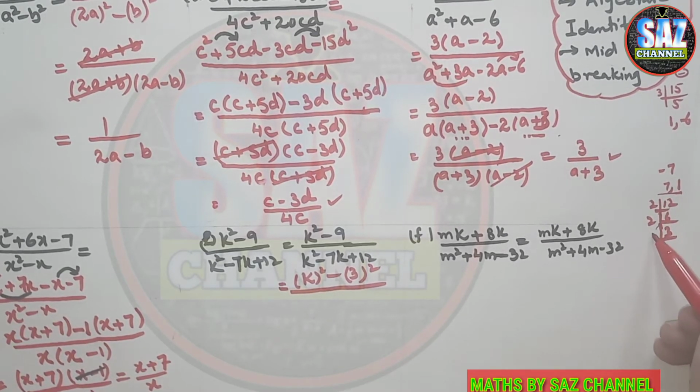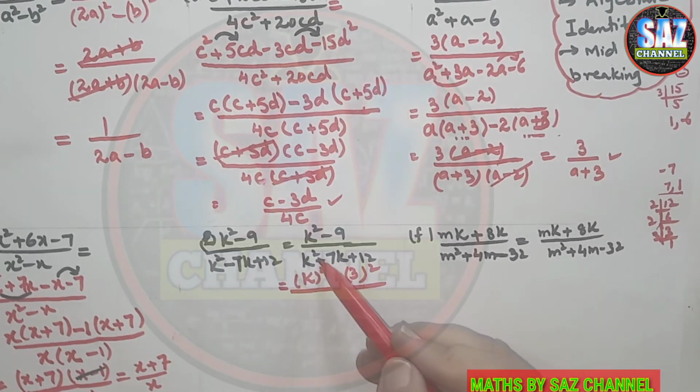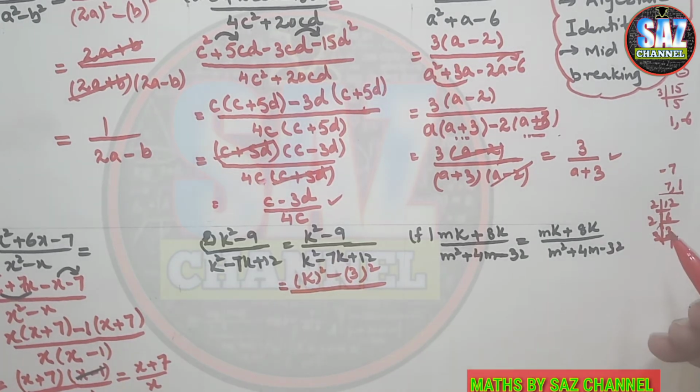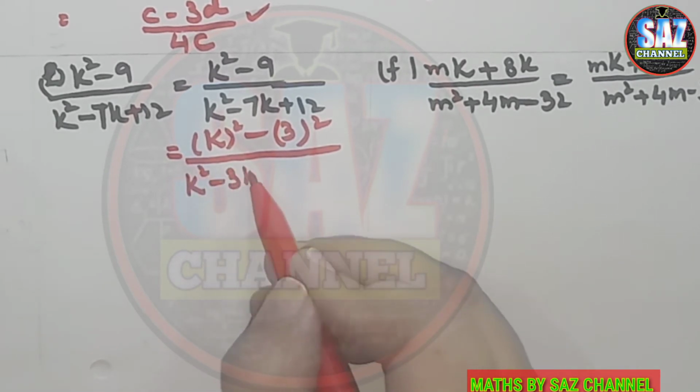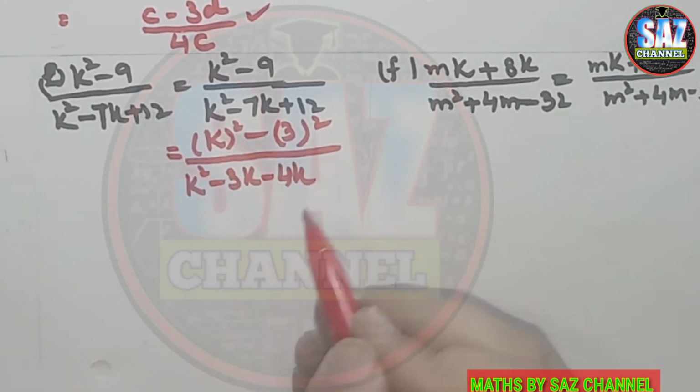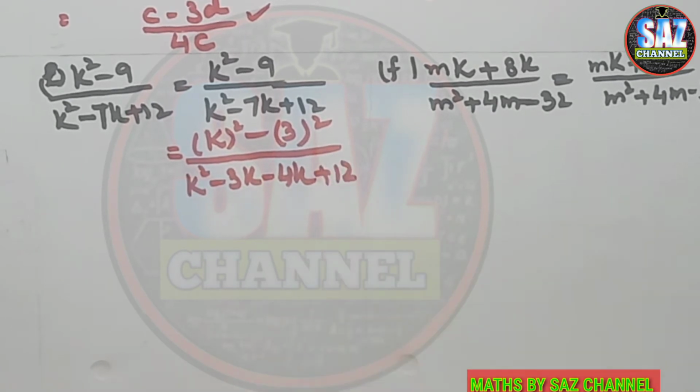Now I have to set these factors in such a way that when I am adding or subtracting, I am getting minus 7, and when I am multiplying, I am getting positive 12. So the suitable choice will be k square minus 3k minus 4k plus 12.